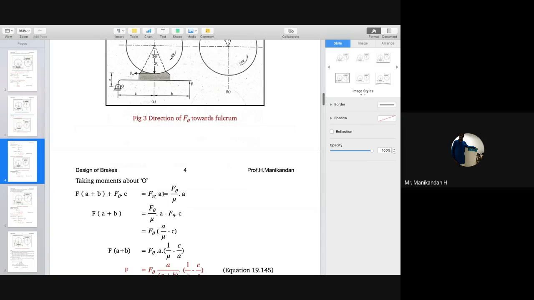That is what I have written in this equation. When I am telling this, you have to refer to the figure. So F into A plus B plus F theta into C is equal to Fn into A, or Fn equal to F theta by mu.